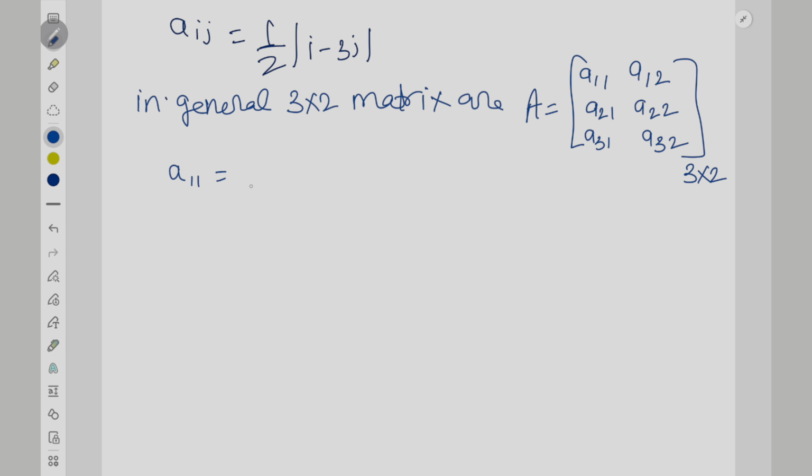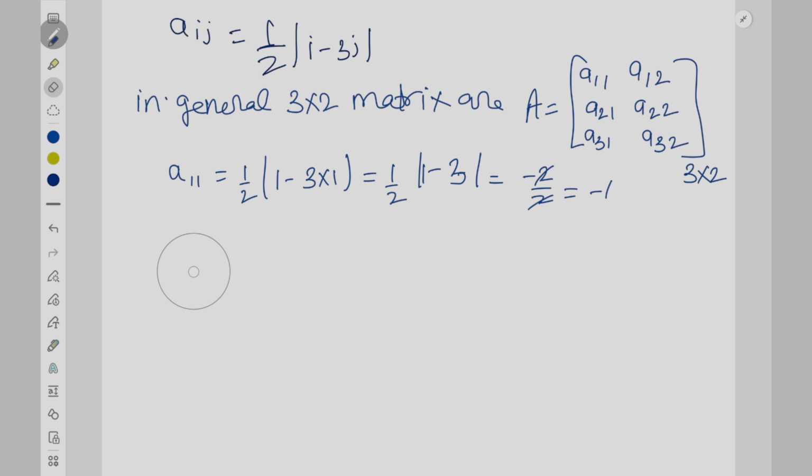Put in this expression: 1 upon 2 times the modulus of 1 minus 3 multiplied by 1, which is 1 by 2 times the modulus of 1 minus 3, is equal to minus 2 by 2, which is 1. Next, A12 is equal to 1 upon 2 times the modulus of 1 minus 3 multiplied by 2.